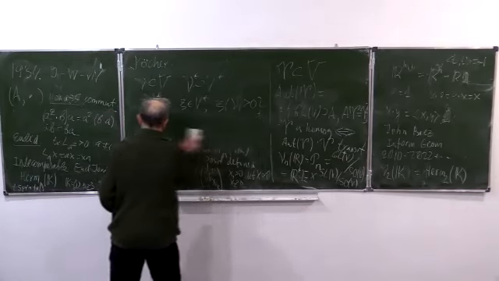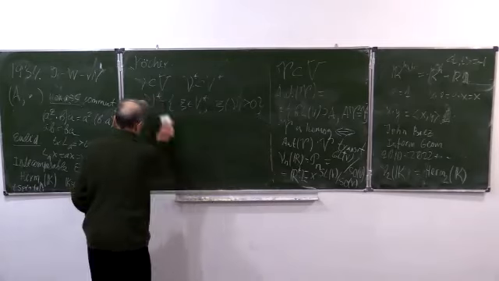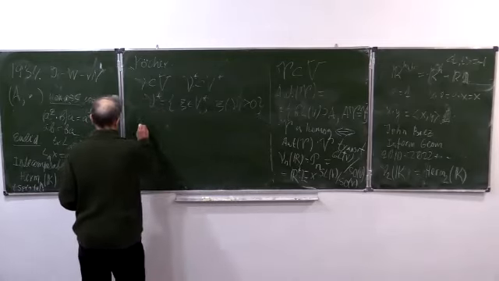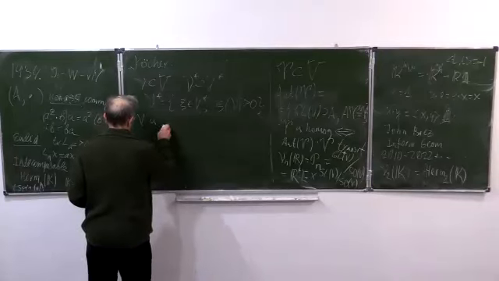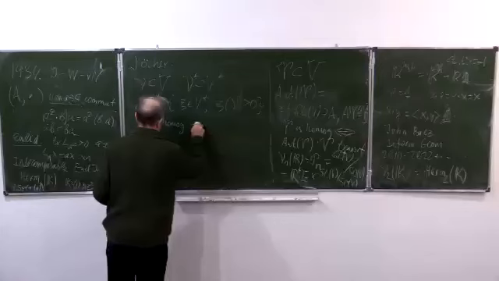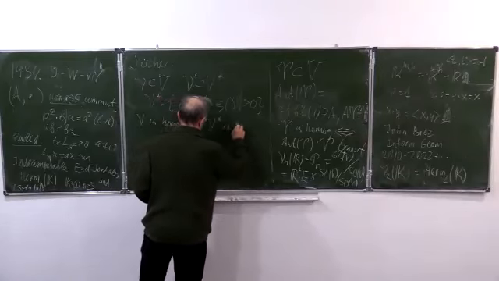One can check that it is, of course, a convex cone, and if V is homogeneous, then V star is also homogeneous.